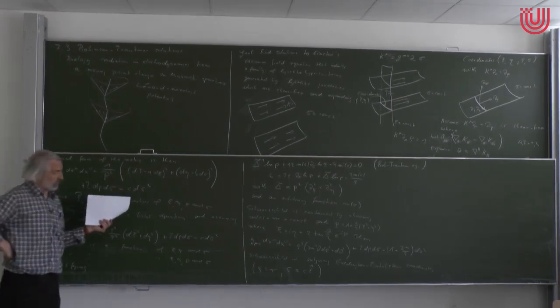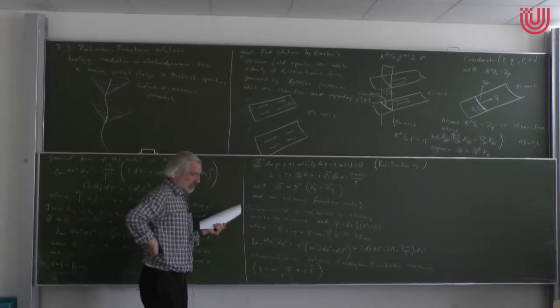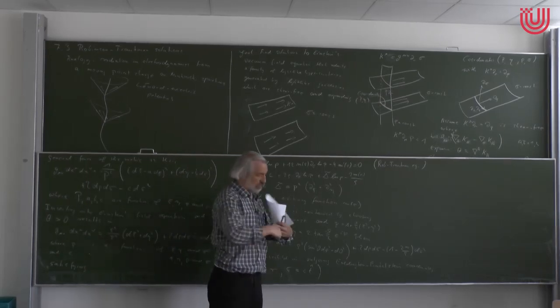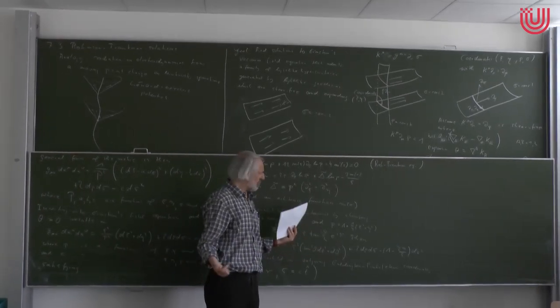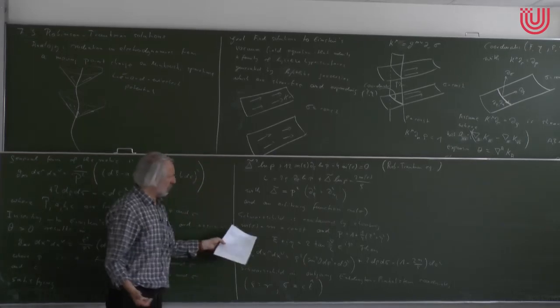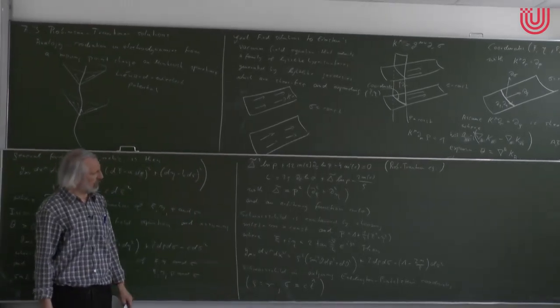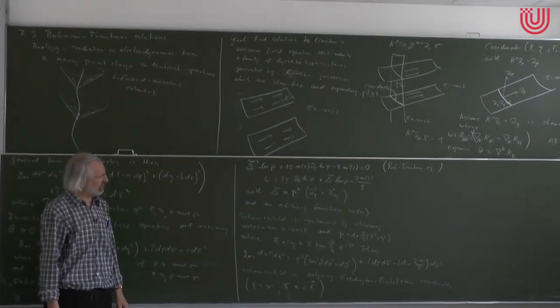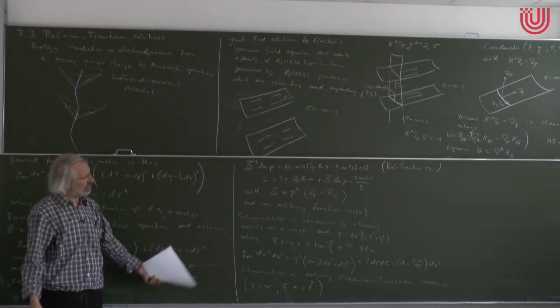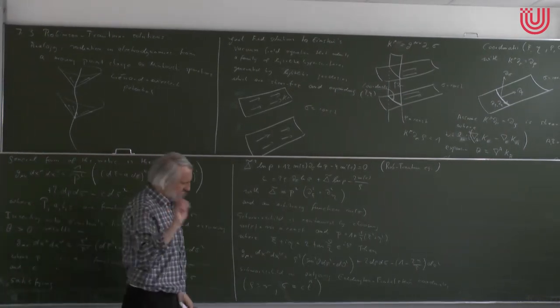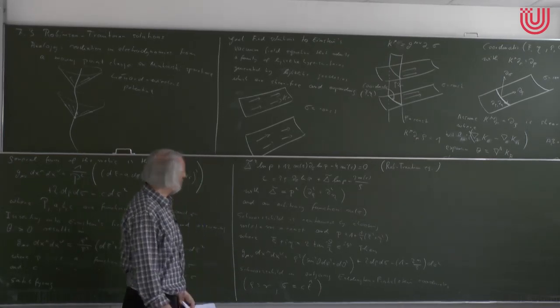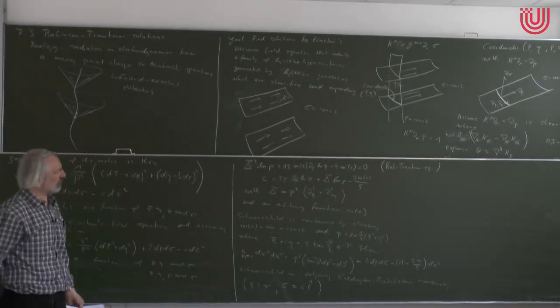So all of these solutions, by the way, have a singularity if you try to extend them as far as possible. But that should not come as a surprise. In the Schwarzschild case, of course, everybody knows there's a true curvature singularity at r equals 0. The C metric also has a singularity. It has even more singularities than the Schwarzschild spacetime. It also has a singularity on the axis.